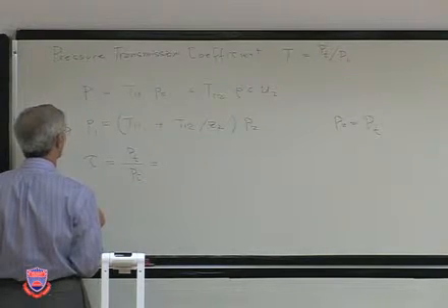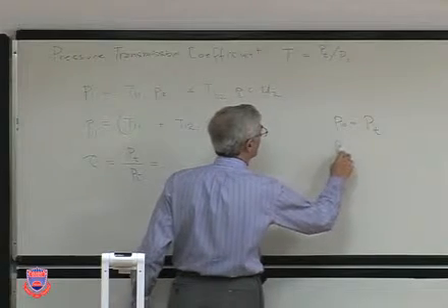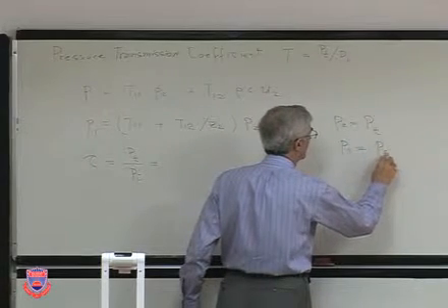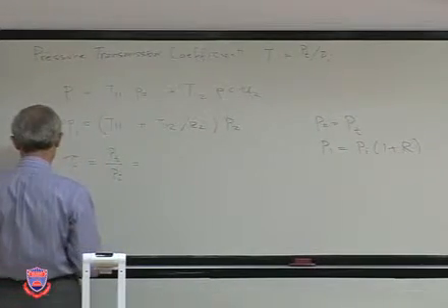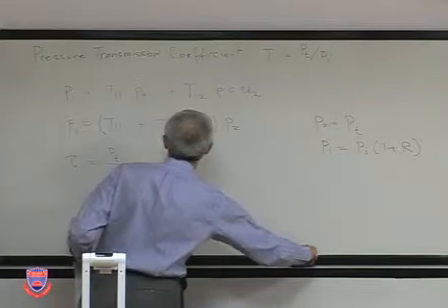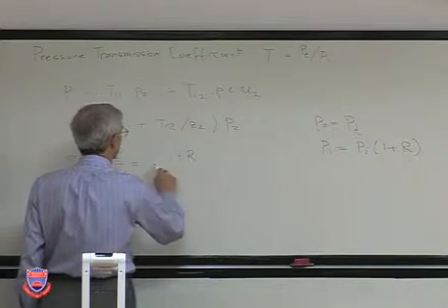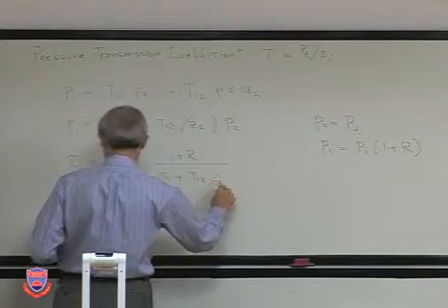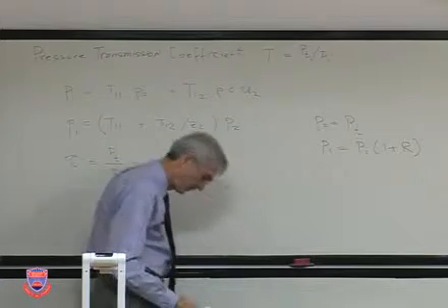Let's see, I want to do one more thing here. P1, just to remind you, is also PI times 1 plus R. So what we have is PT over PI equal to 1 plus R divided by T11 plus T12 over C2.